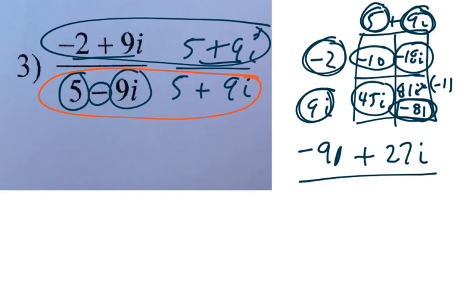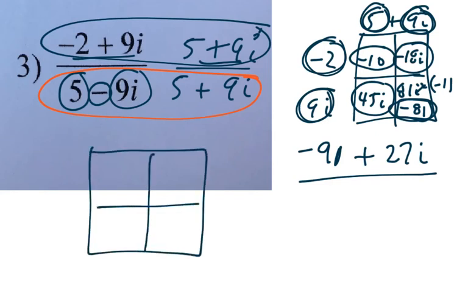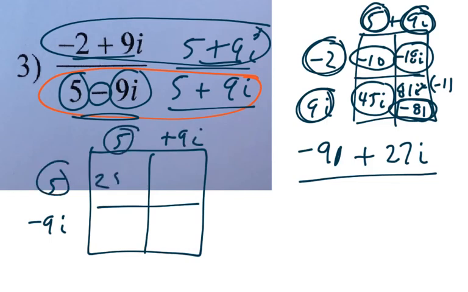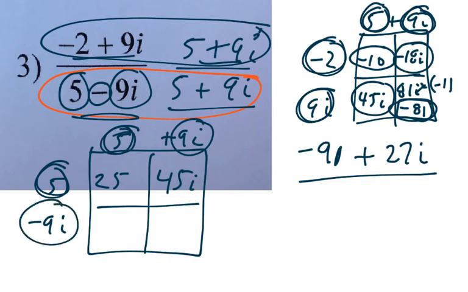That's going to be over our denominator. Let's do our denominator using the area model over here. I'm going to do 5 minus 9i times its conjugate, 5 plus 9i. 5 times 5 is 25. 9i times 5 is 45i. 5 times negative 9i is negative 45i.